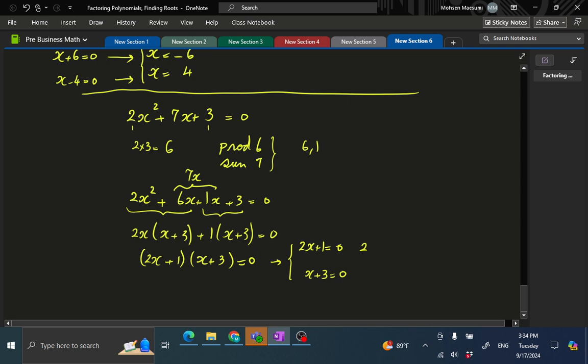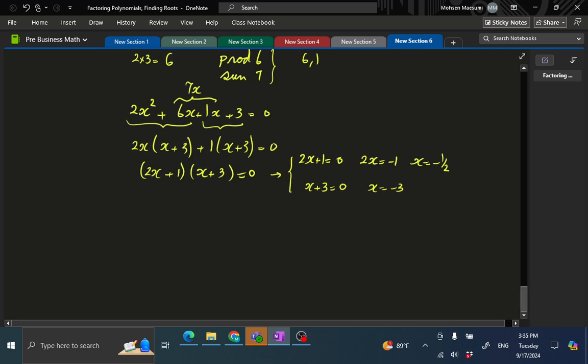The first equation tells you that 2x is equal to -1, therefore x is equal to -1/2. And the second one tells you that x is equal to -3, so those are the roots of that problem. So if we can factor easily, then that is the main step in the solution, and then we can get the roots.